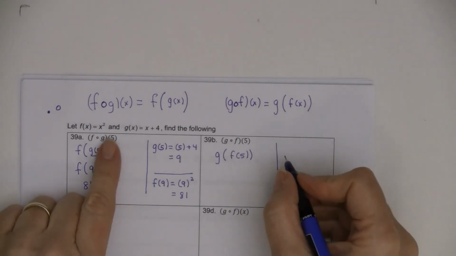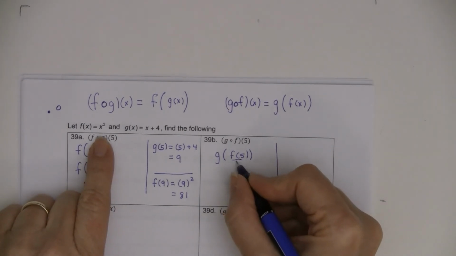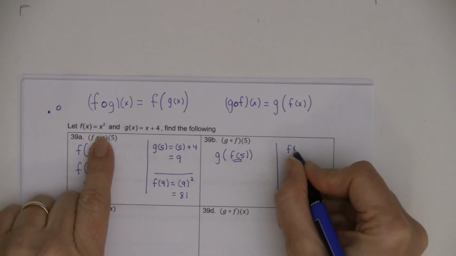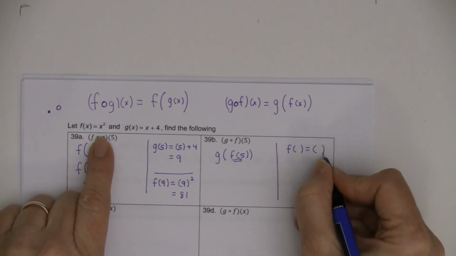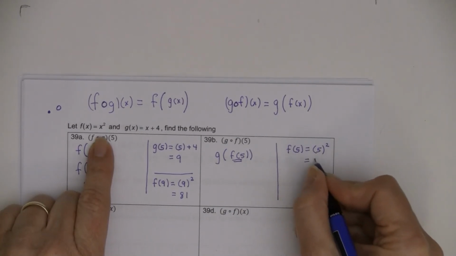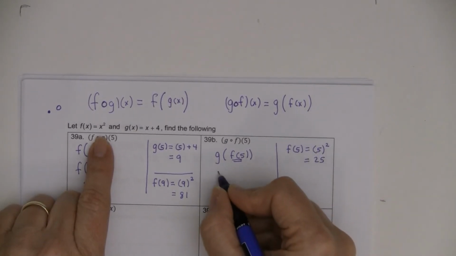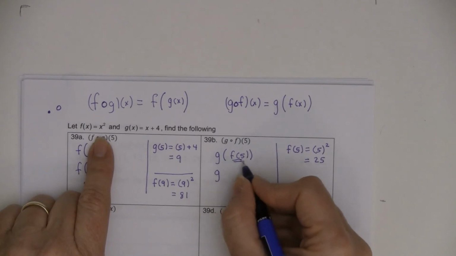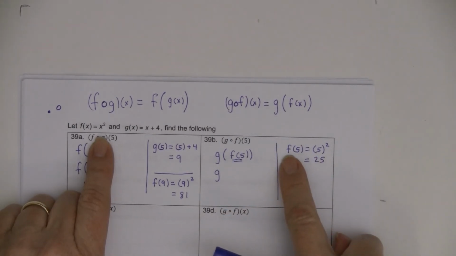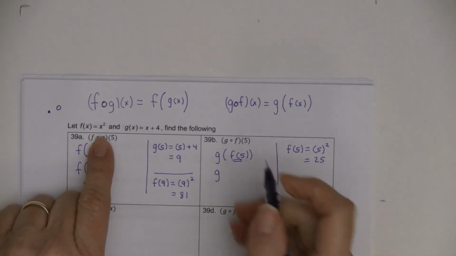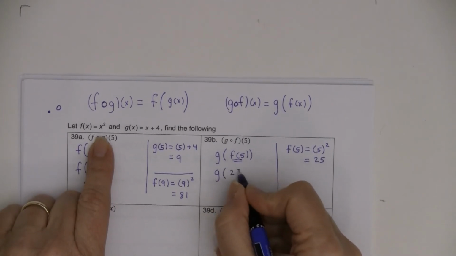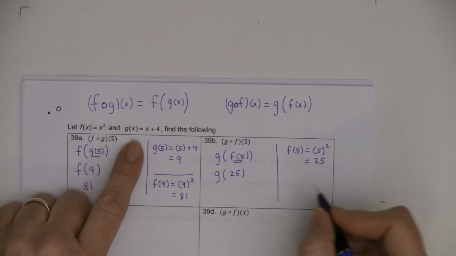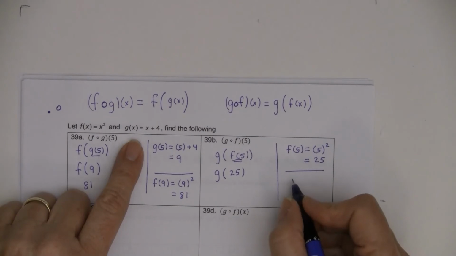And so first we're going to do F at 5. So the F function squares it. It's a squarer is what it is. So you put in 5 and it squares it. 5 squared is 25. So this is going to be G at, and I'm going to replace F at 5 with 25. So this is G at 25. And then what G does to things is G adds 4.